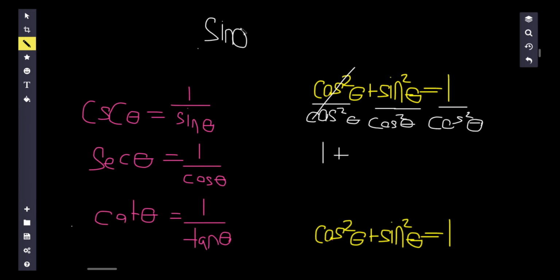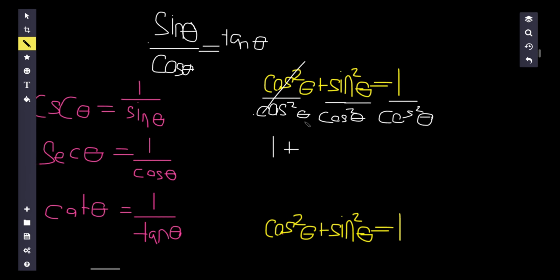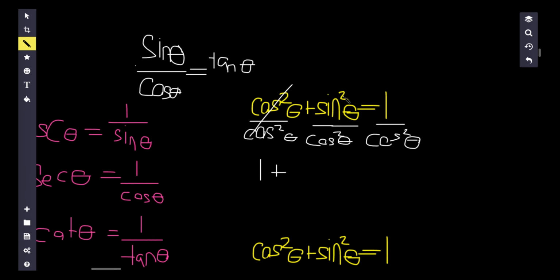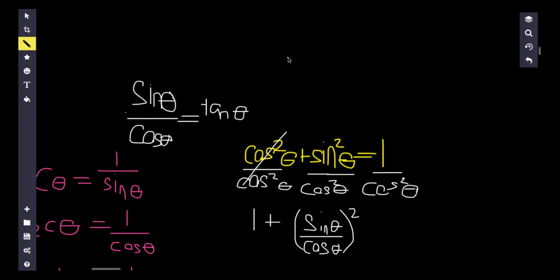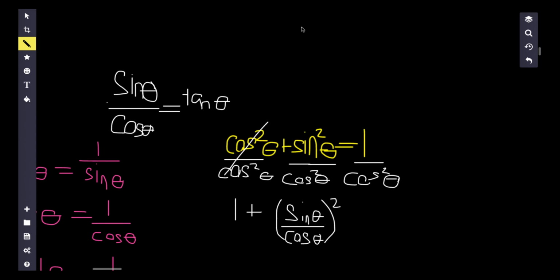another important trig identity to know is that sine of theta over cosine of theta is equal to tangent of theta. Now, if I have sine squared theta divided by cosine squared theta, I can rewrite this as sine theta over cosine theta, squared, because of the exponent property.